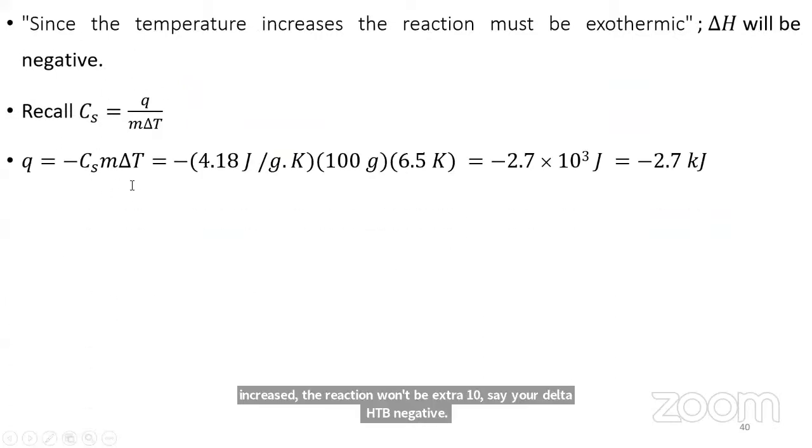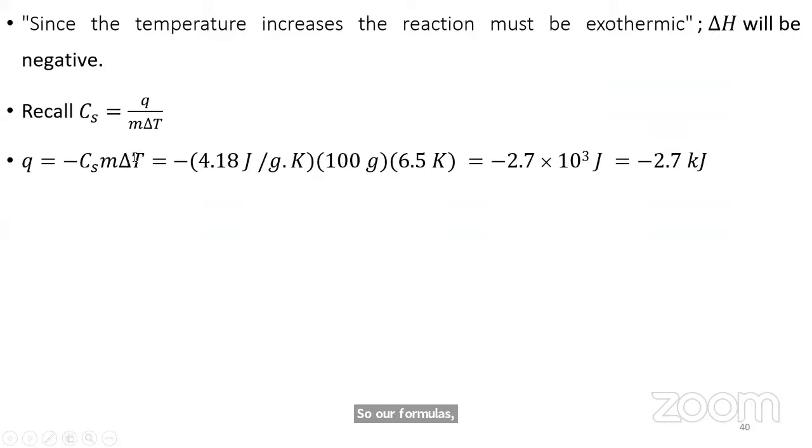So for our formula, this negative is actually for the change in temperature. Recall, as I told you, we are going to use the specific heat capacity, which is the heat absorbed over your mass multiplied by your delta T. We already know our mass using density equals mass over volume.